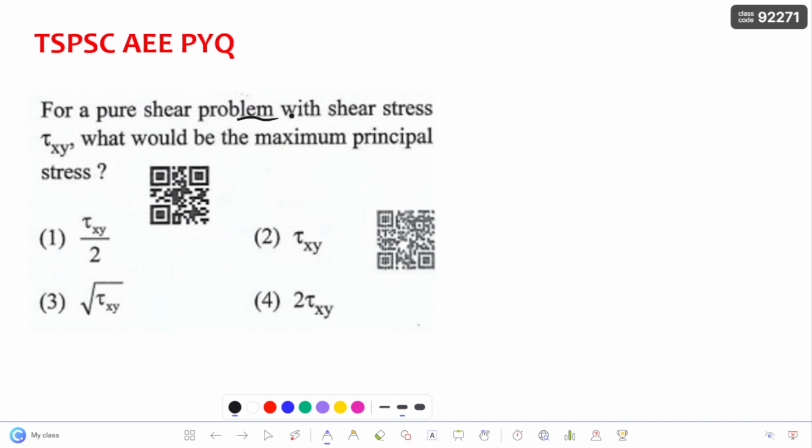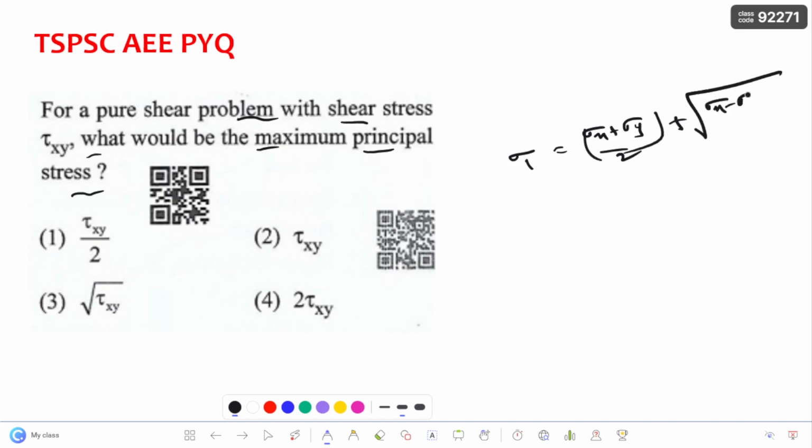For a pure shear problem with shear stress tau xy, what would be the maximum principal stress? You know the maximum principal stress formula, that is sigma 1 is equal to (sigma x plus sigma y) by 2 plus under root of ((sigma x minus sigma y) by 2) whole square plus tau xy square.